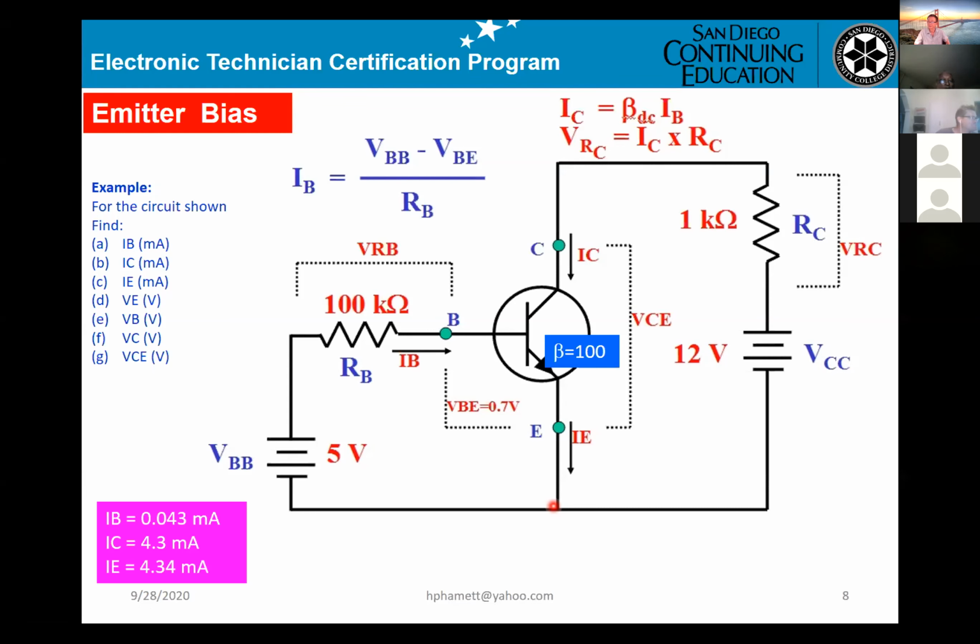VC. VC means from the collector to the root. So the formula equals VCC minus VRC, IC times RC.